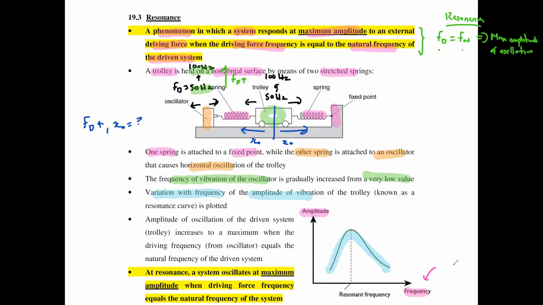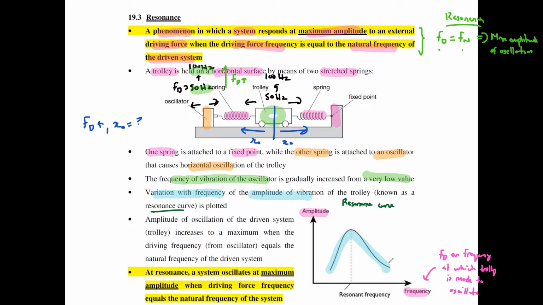This is the driving frequency, the frequency at which the trolley is made to oscillate, and this is the amplitude of oscillation of the trolley. This graph of amplitude versus frequency is typically called a resonance curve.